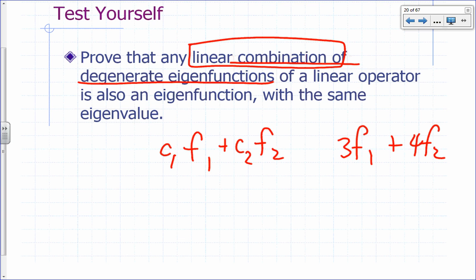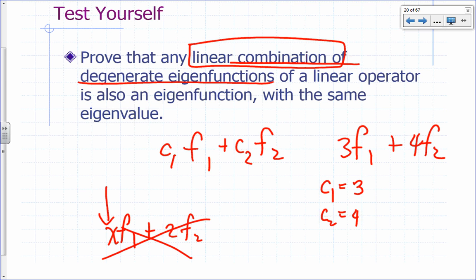Okay? So what's our c1 here? 3, and c2 is 4. Now let's just say our functions are functions of x. Is x f1 plus 2f2 a linear combination? No, because x is not a constant. So that's not a linear combination, assuming x is a variable that the functions depend on.